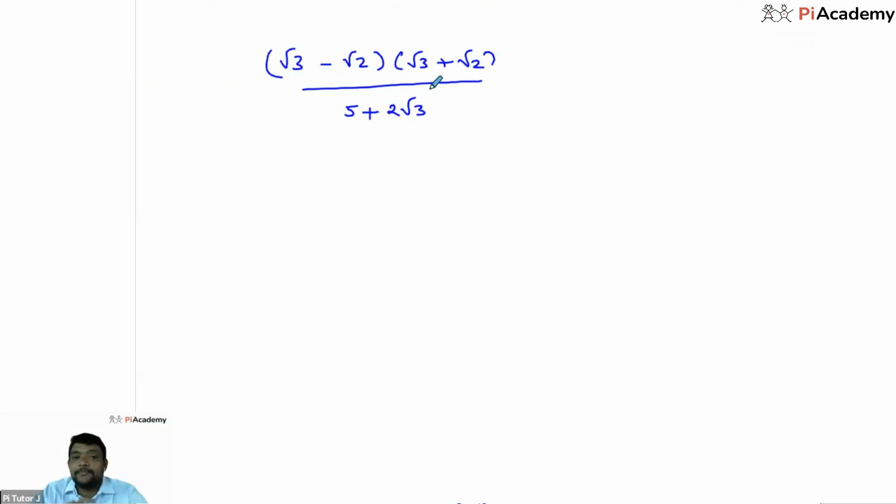Go ahead. You need to rationalize the denominator. First multiply.